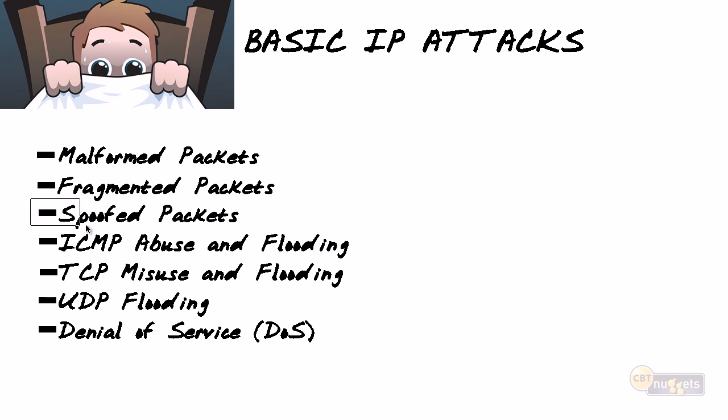Also, spoofed packets. Okay, we don't want users on the inside of our network spoofing or saying that they're the source of an IP address that's actually on the outside of our network. We don't want them masquerading as some public device with some made-up IP address, nor do we want users on the outside of our network in the untrusted zone to be able to masquerade or spoof themselves with a source IP address that's actually on the inside of our network, or maybe spoofing the IP address range which is in the DMZ.